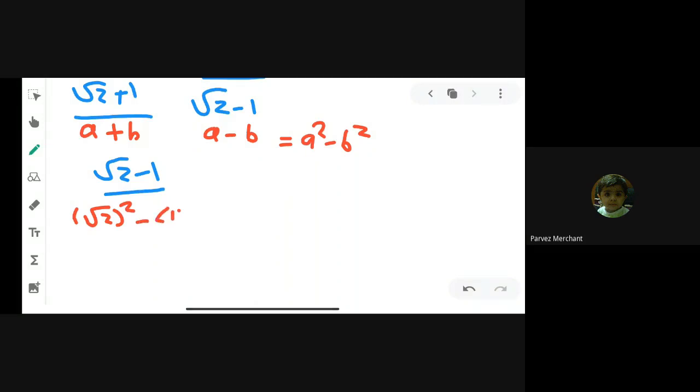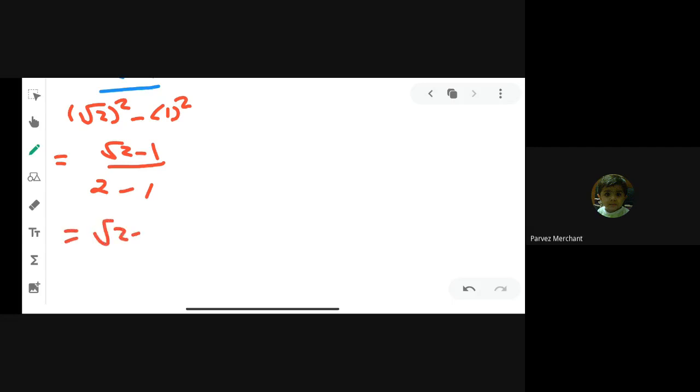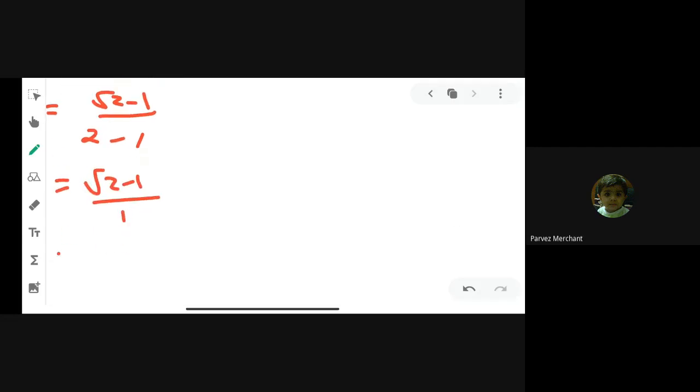Now we suppose A is root 2 and B is 1. So what is the answer? Root 2 minus 1 in the numerator. In the denominator, root 2 square means it is 2, and minus 1 square is 1. So the answer is root 2 minus 1 by 1, and we don't need to write 1 in the denominator. So root 2 minus 1 is your final answer. Clear to all of you?